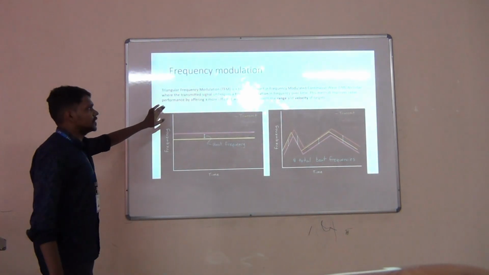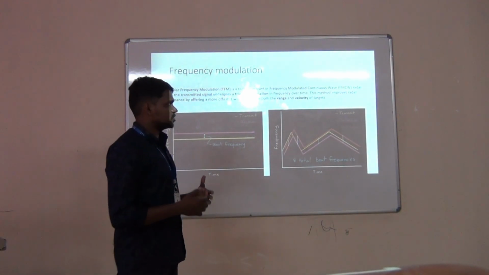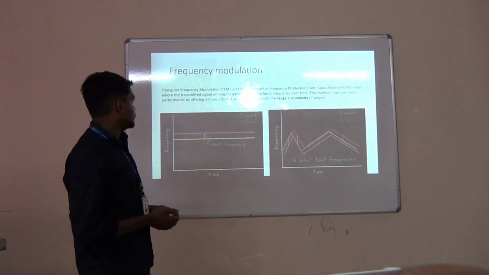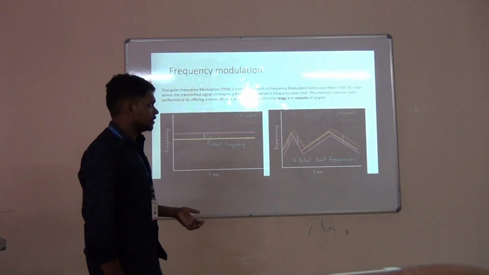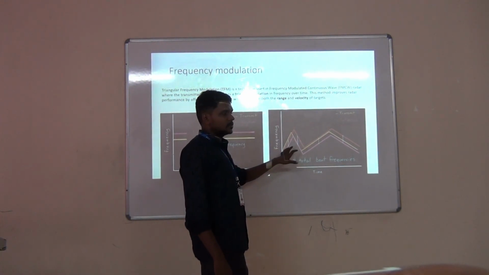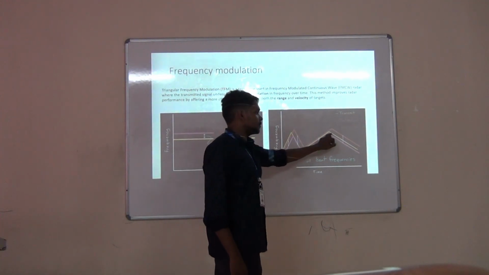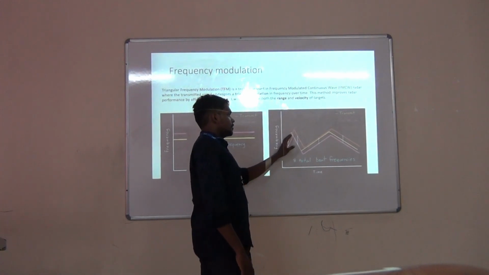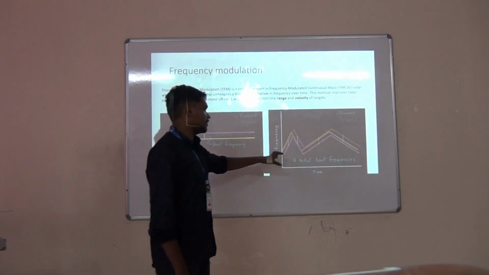Triangular frequency modulation (TFM) is a technique used in frequency modulated continuous waveform radar where the transmitted signal undergoes a triangular variation. That means the signal sent through the antenna goes through various ups and downs. You can see the triangular waveform, with the frequency getting modulated instantaneously each and every time.